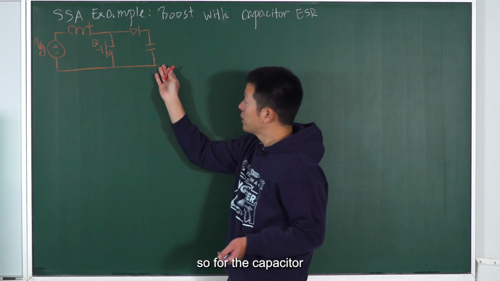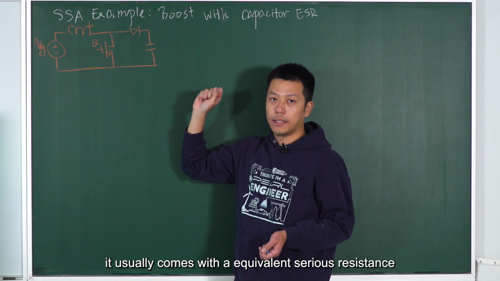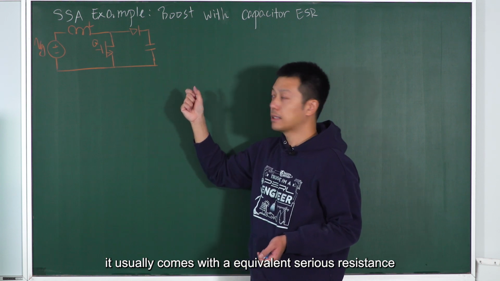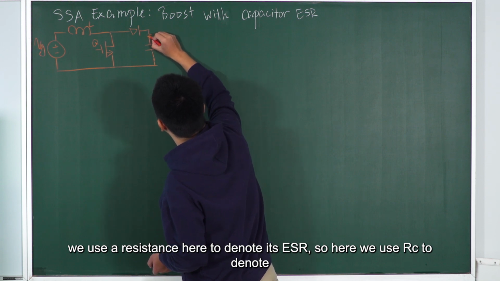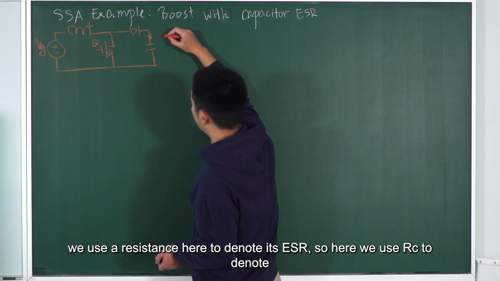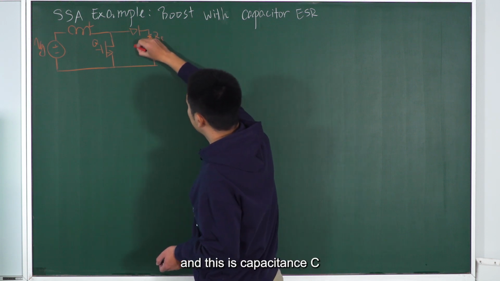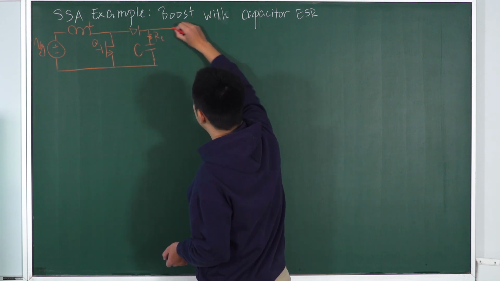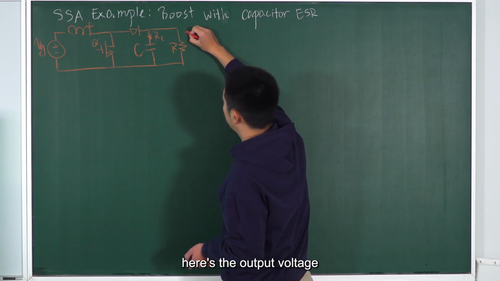For the capacitor, it usually comes with an equivalent series resistance. We use a resistance here to denote its ESR, so here we use RC to denote it. And this is capacitance C, and load resistance R. Here's the output voltage.